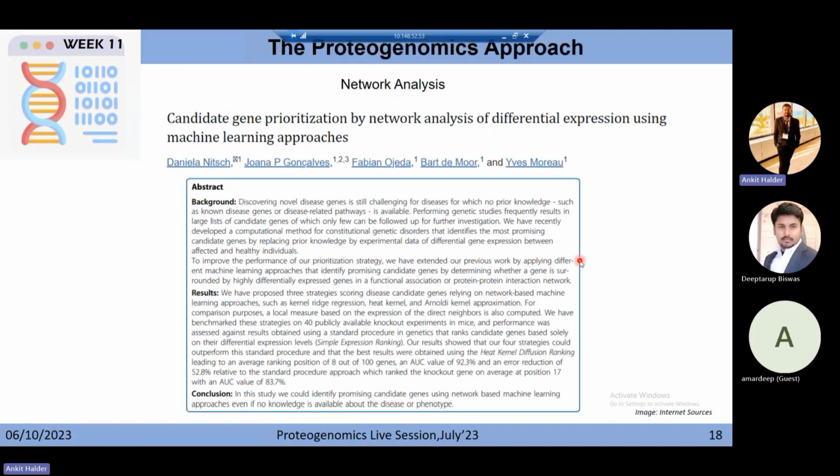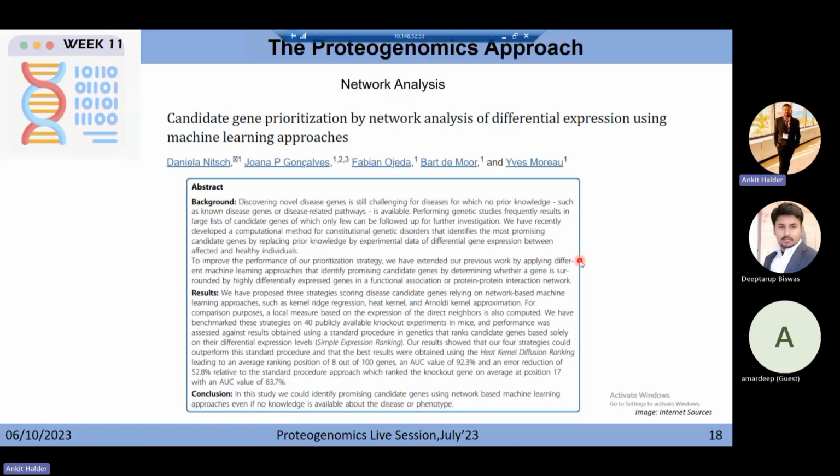So next, I have given another example through which you can perform candidate gene prioritization by network analysis of differential expression using machine learning approaches. Why I kept this manuscript is because we have at least discussed to some extent different machine learning approaches. In the previous week also we had discussed certain concepts of classification.